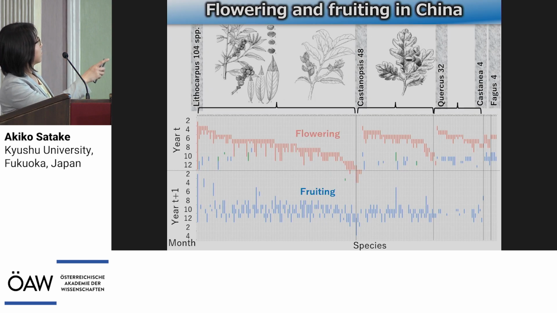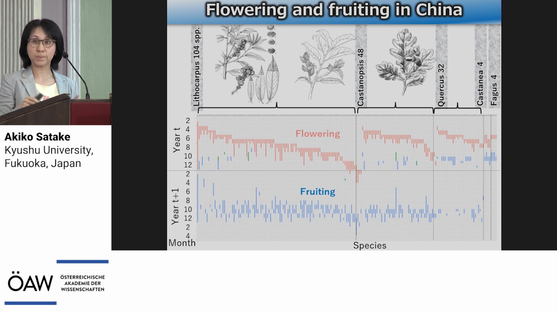This is the flowering and fruiting data we collected from species in China. It includes 5 genera: Lithocarpus, Castanopsis, Quercus, Castanea and Fagus. On this axis you can see species, and here the months in year T and T+1. In Lithocarpus, the flowering time is quite diverse across species.